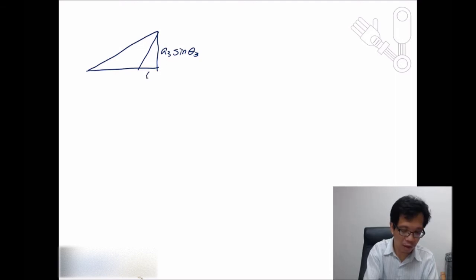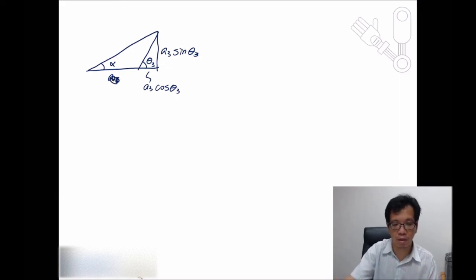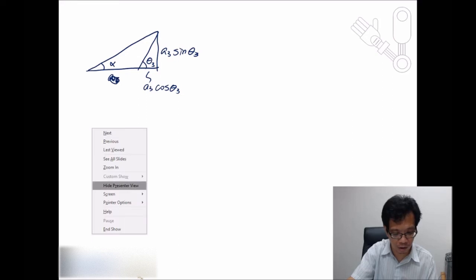We got A3 cosine theta 3 with the angle over here being theta 3. Over here, this is alpha. Let's erase that. Sorry for that.